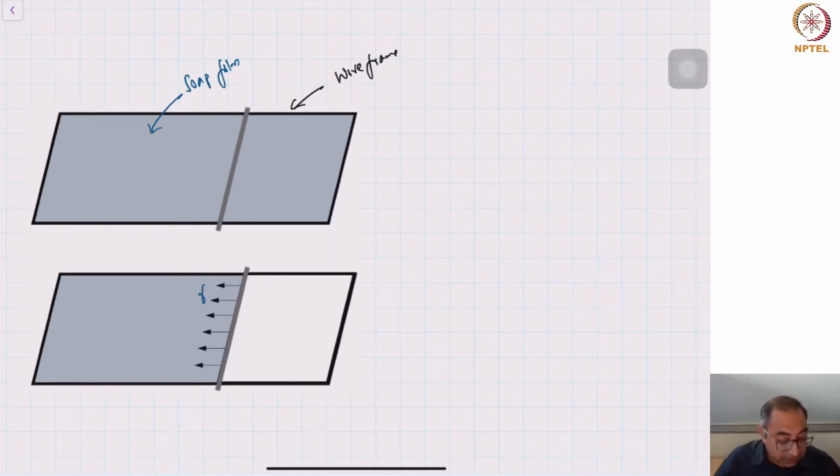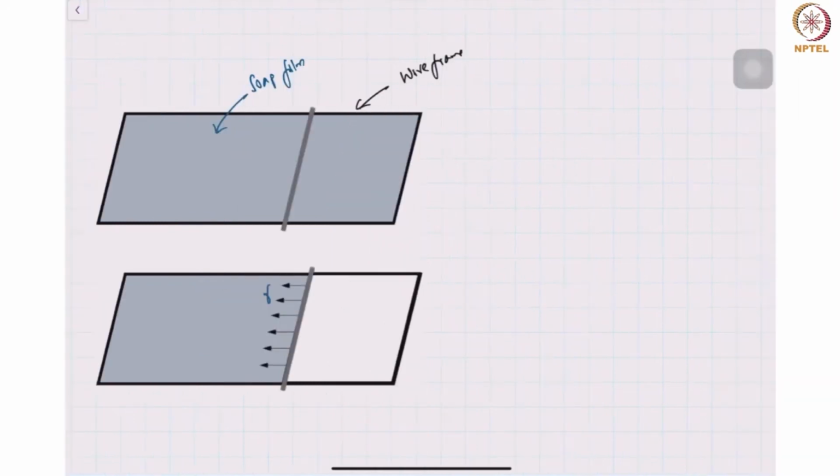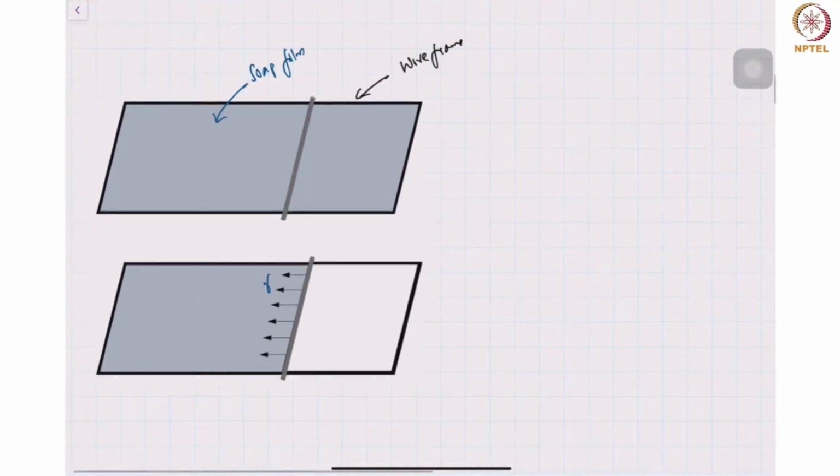So we can actually write down the work done. Let's call it delta W. This will be force times dx, where if the rod was initially at this position and has moved by a distance dx, then the work done would be force times dx.